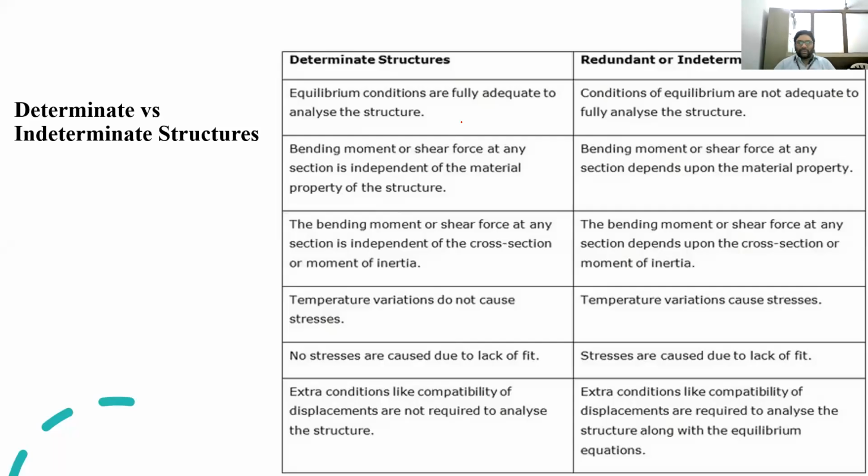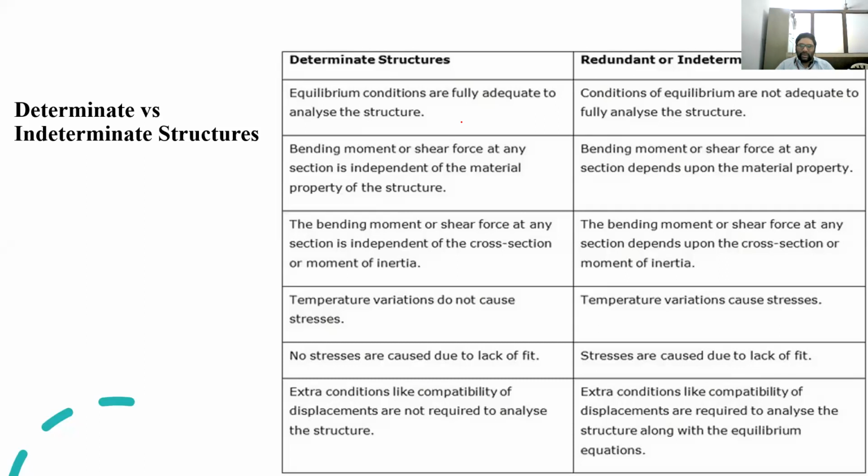In the last class, we read about what is a determinate structure and what is an indeterminate structure. I will try to recall the definition that I explained. A structure is said to be statically determinate if it can be solved using the equations of equilibrium.